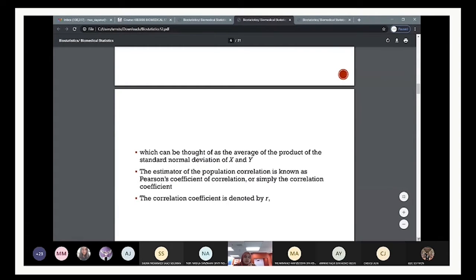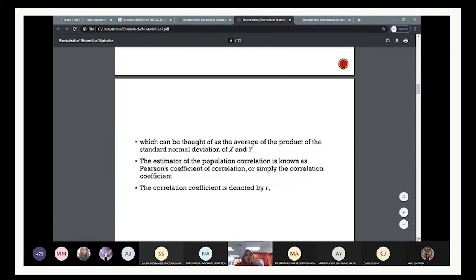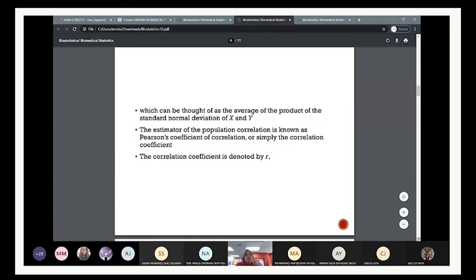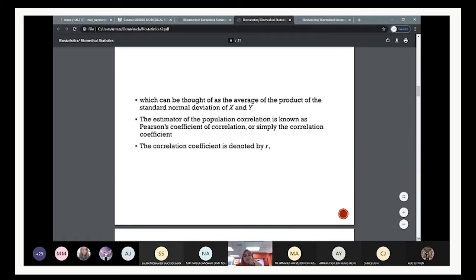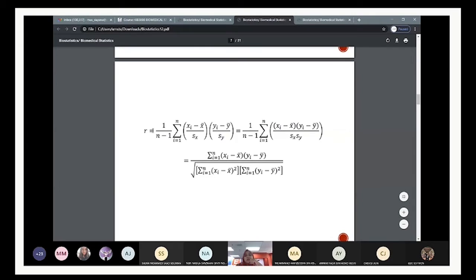Later you can see the equation. We take it as the average of the product of the standard normal deviations of x and y, so the estimator of the population is known as the Pearson correlation coefficient. It's denoted by the R value. You can see here R is equal to the summation from data 1 to data 30, for example if we have 30 data.